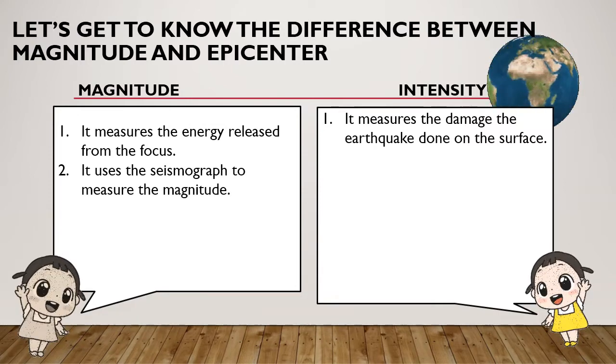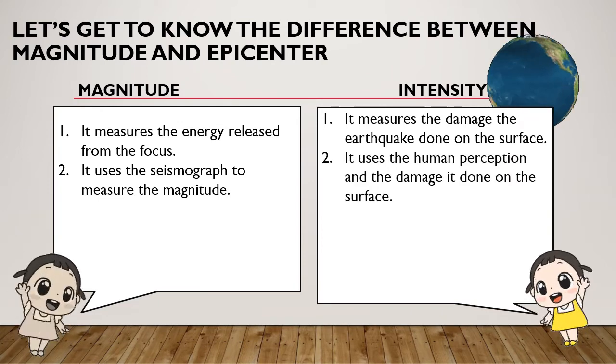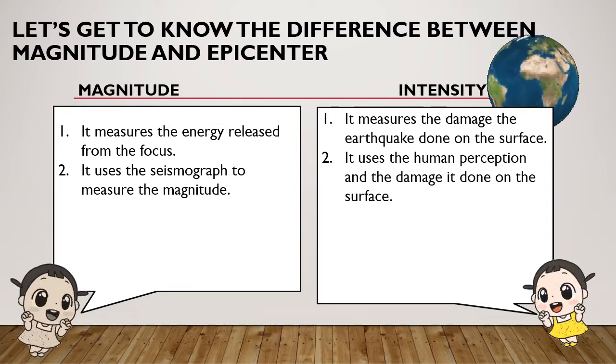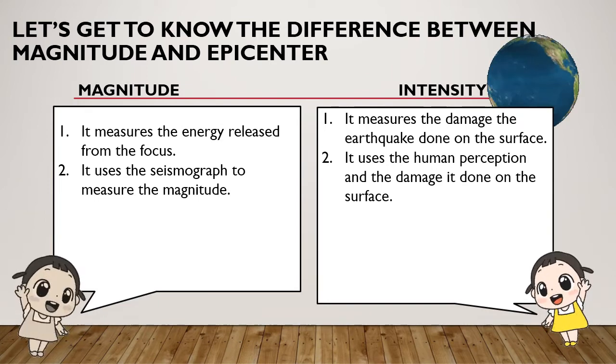Magnitude uses the seismograph, while intensity uses human perception of how strong the vibration is on the ground, and also the damage done on the buildings, houses, and infrastructures on the surface of the earth.